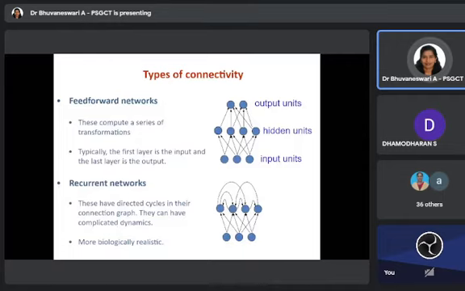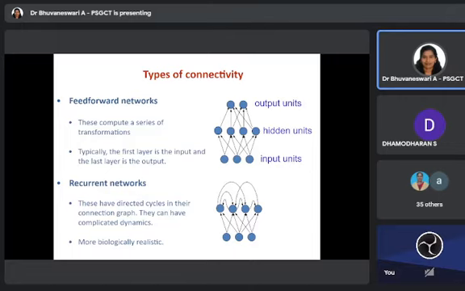The second type of connectivity is the recurrent network, wherein there will be a directed cycle in the connection graph. The output of one may become the input of the other. They can have a complicated architecture.